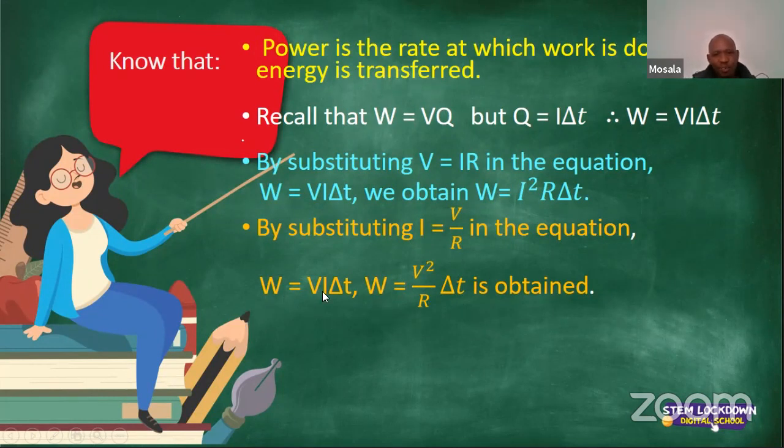That is where you substitute I with V over R. You are going to be getting V times V, which is V squared over R. Delta T is there, and then I is what we have substituted. So you must know where this equation comes from.